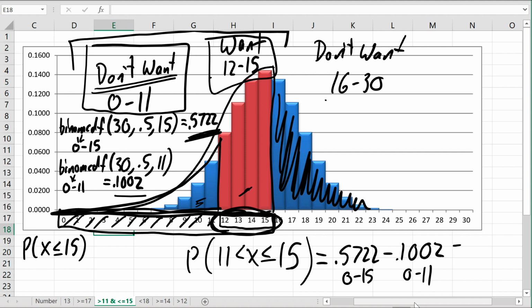So subtract those two values, and that's going to give us 0.4720. So that's the probability that we get between 12 and 15 successes, or more than 11. X is more than 11 and less than or equal to 15. All right, so those are the two functions that we're going to use.